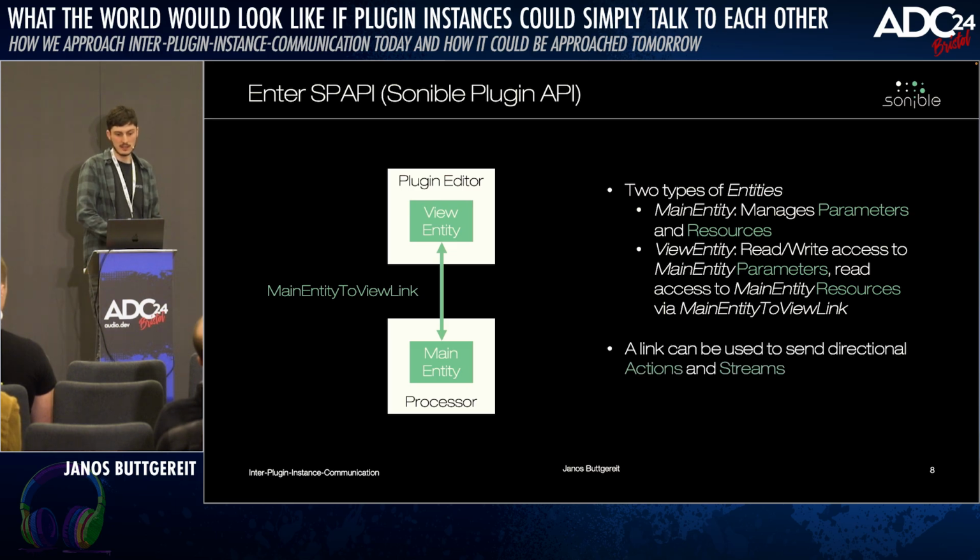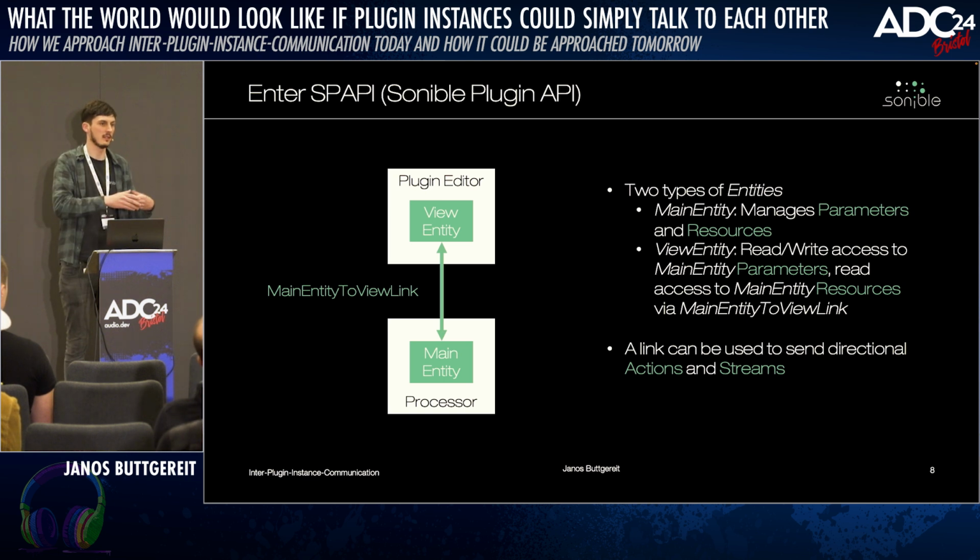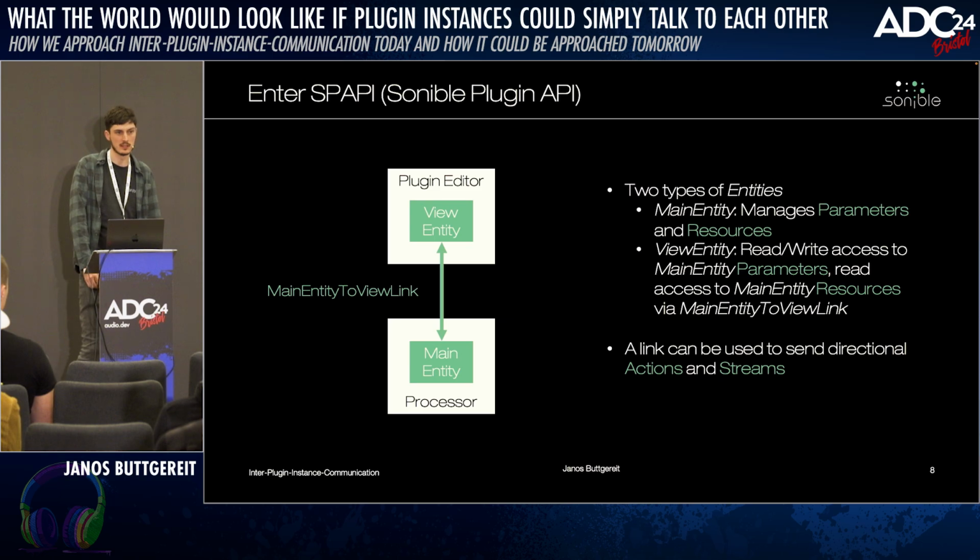And the link can furthermore be used to send directional requests, what we call actions. So we say, hey, plugin editor, do this, and this is just some kind of async message being sent over the link to the other end.